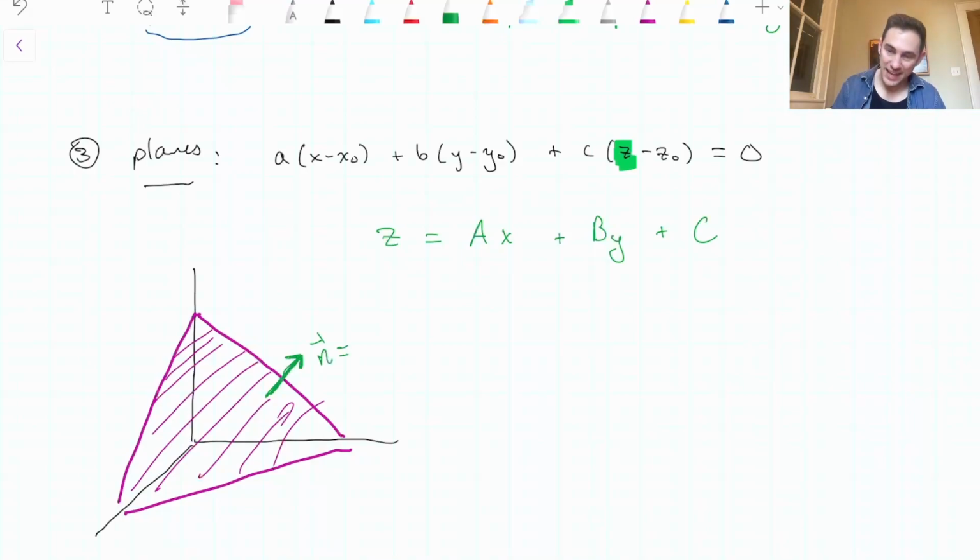Now if I have this plane written in a functional form with z solved on one side of the equation, I can read off the coefficients and I can see that this normal vector has the form (-a, -b, 1). So if I were to solve the capital A, capital B over to the other side, I could read off those coefficients again. I'd see (-a, -b, 1).